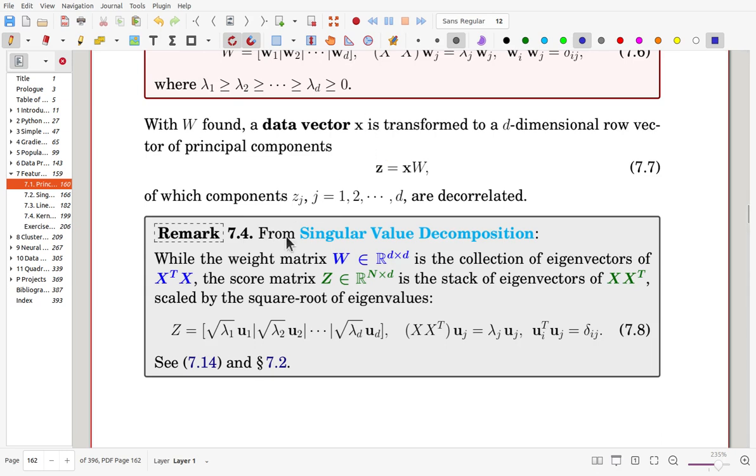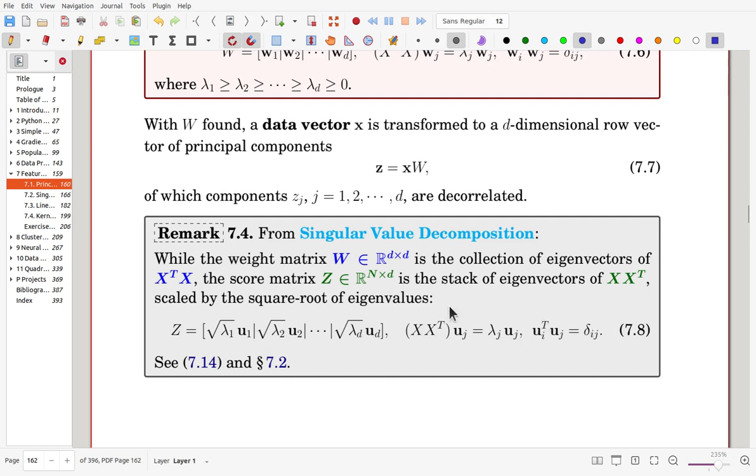Here, from singular value decomposition, we can understand this one. The weight matrix W in d by d dimensions is the collection of eigenvectors of X transpose X. Now, the score matrix Z is the stack of eigenvectors of X X transpose.